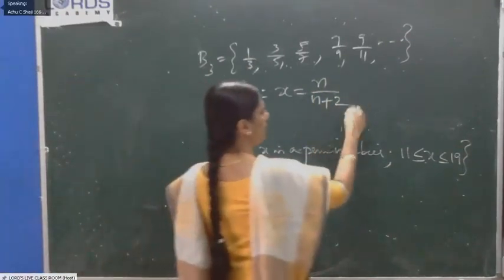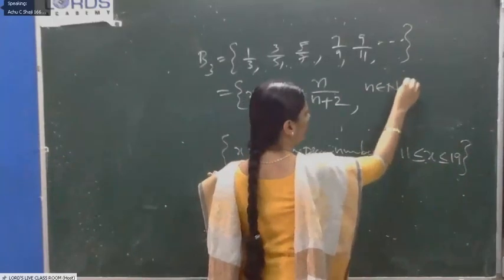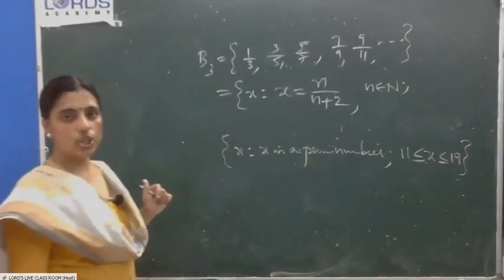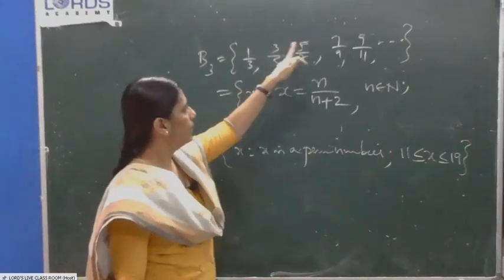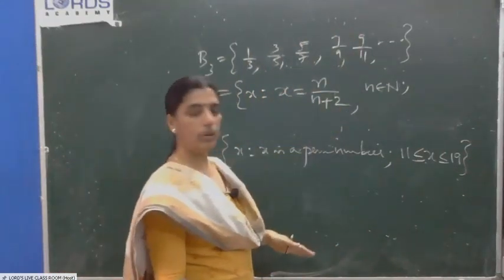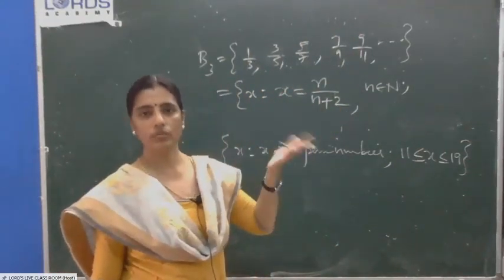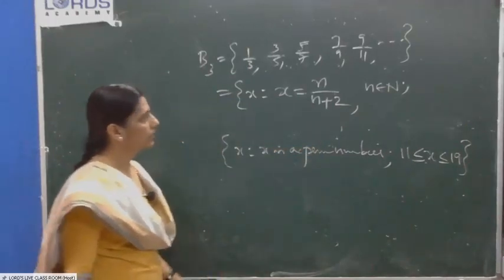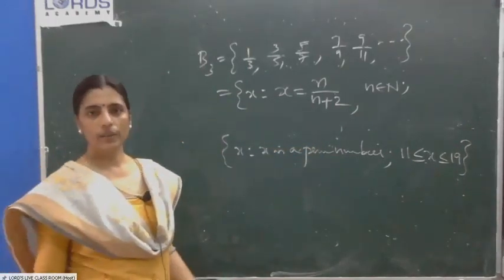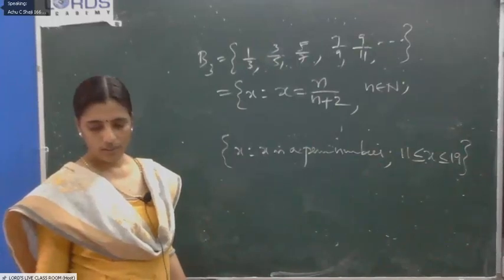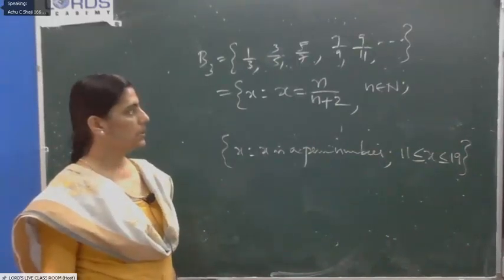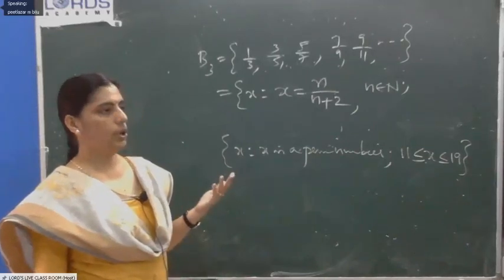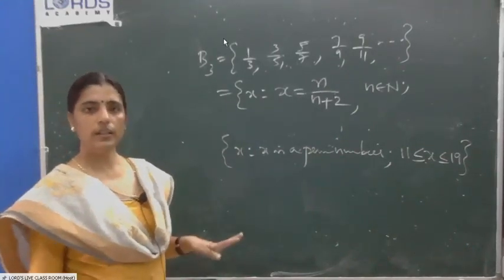Now the speciality of n: n belongs to natural numbers, but what are the values of n? 1, 3, 5, 7, 9, etc. So what will we write? There is no restriction.